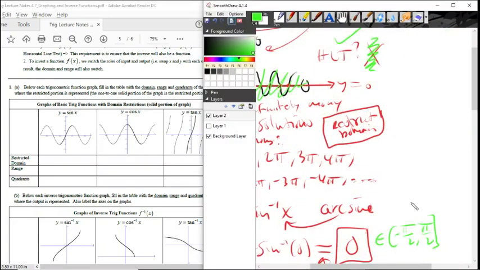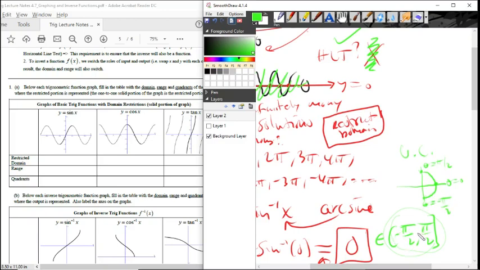As a result of the restriction, the outputs of the arcsine will always be between negative pi over 2 and positive pi over 2. In the unit circle, these quantities are found in which quadrants? If this is 0 right here, that's where theta is equal to 0. Note that theta is equal to pi over 2 up here, and theta is equal to negative pi over 2 is down here.